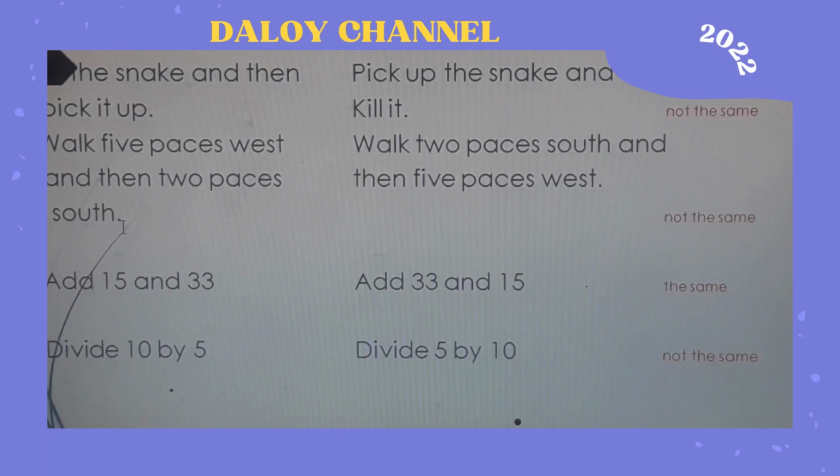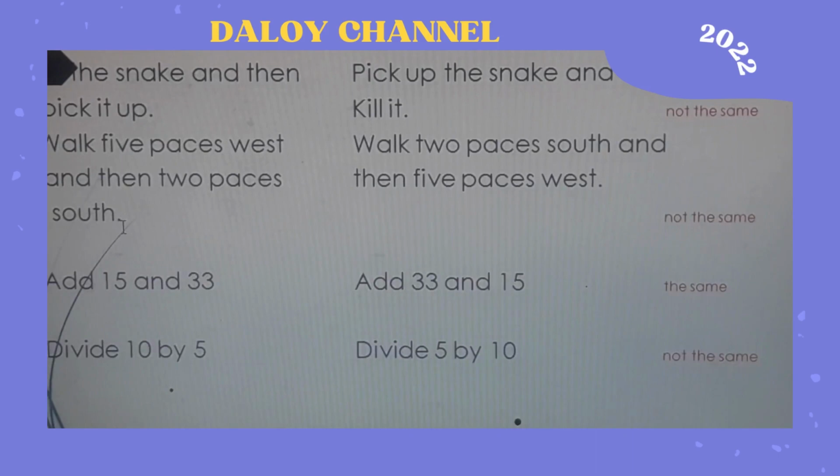Number 4, add 15 and 33, and in the second column, add 33 and 15.